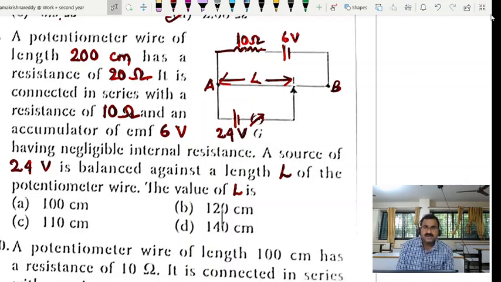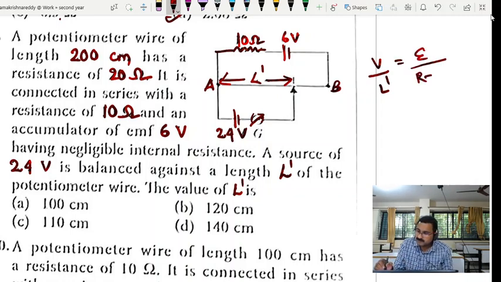So instead we take L dash, which is easier for us to solve, otherwise both being L is difficult. It is only a symbol. Now the formula: V by L dash, that is small l, the balancing length, equals E divided by R plus RS into R divided by L.